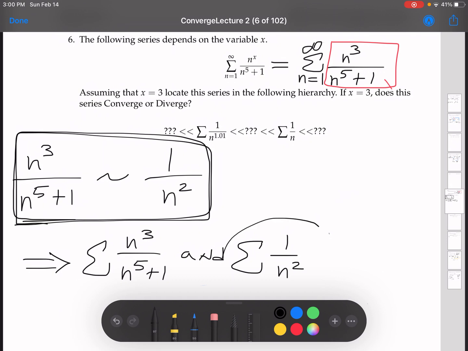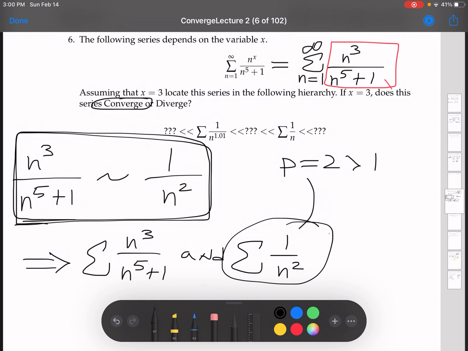Now notice that this here is a p-series with p equal to 2, and 2 is bigger than 1. A p-series where p is bigger than 1 converges. So therefore we know that they both converge. So we have convergence there.